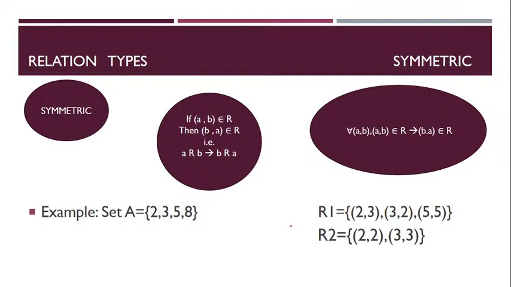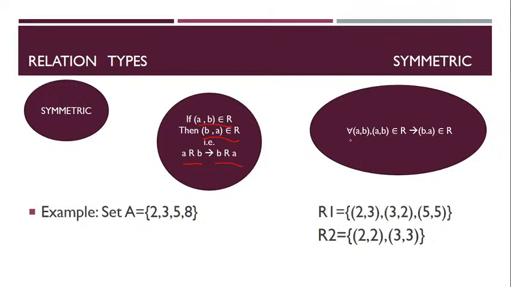So if AB is present in a relation, then BA must be there in the relation. That's why ARB implies BRA. Most probably you can remember the implication truth table. So ARB implies BRA. If AB is present in the relation, BA must be there in the relation.